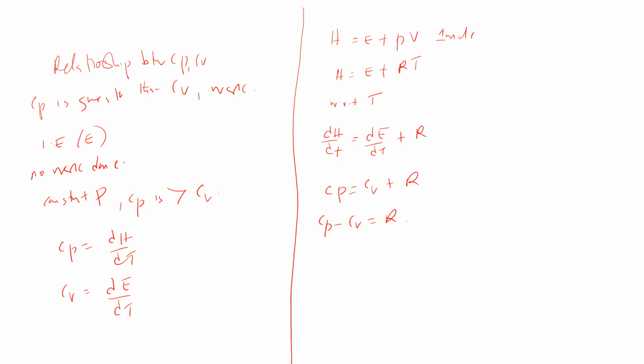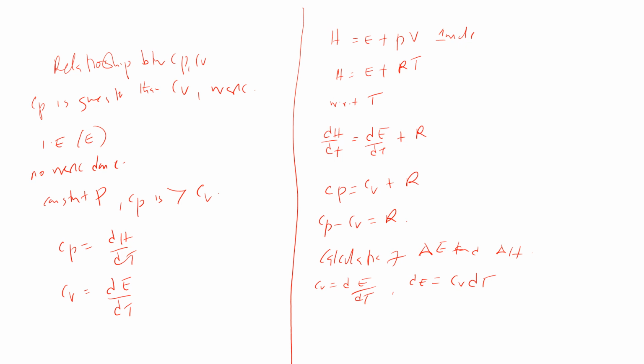The last part will be the calculation of delta E and delta H. We know that Cv is equal to dE over dT, and so dE will be equal to Cv dT from this expression here.